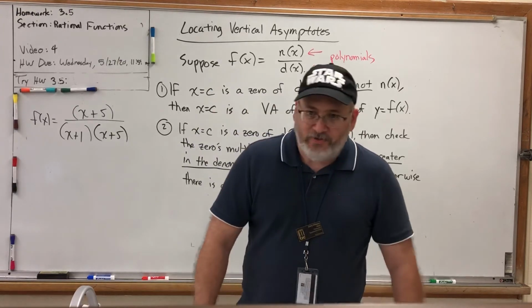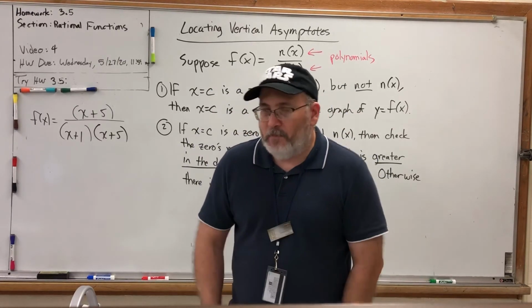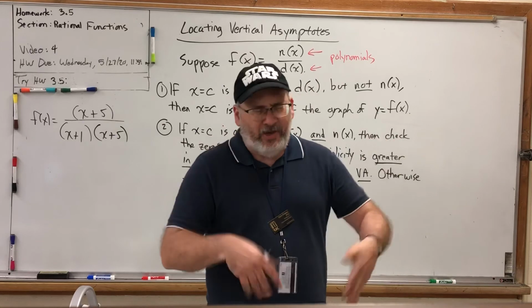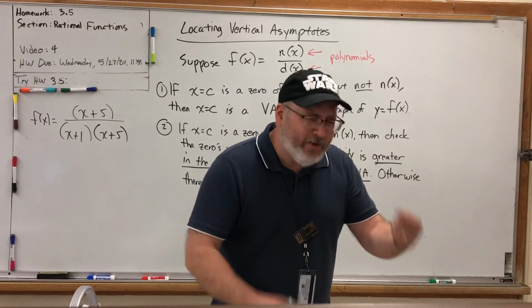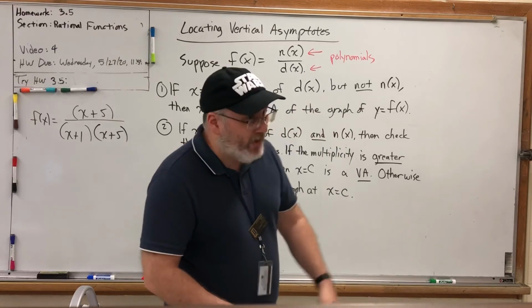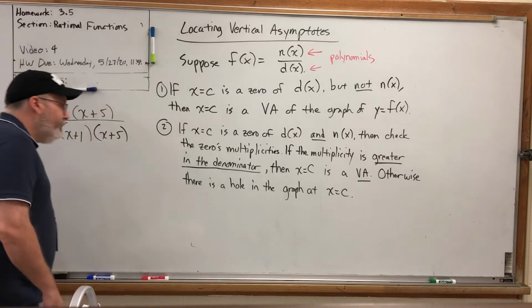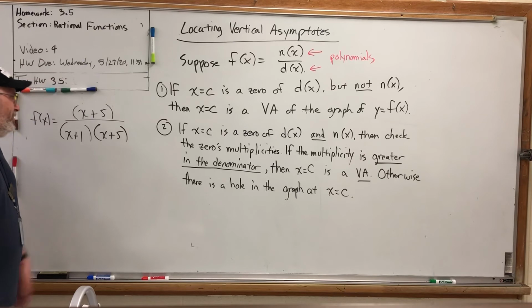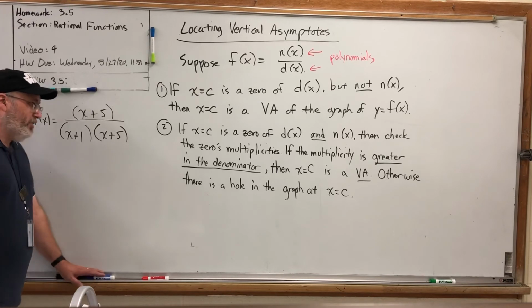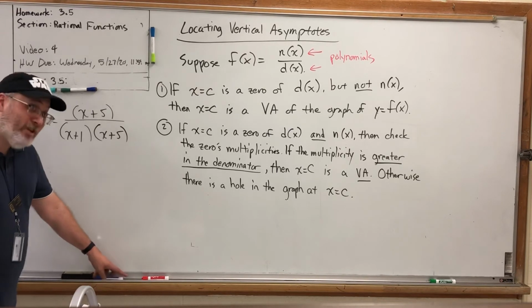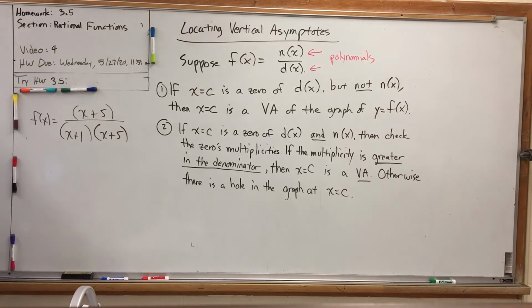Well, that's because if the multiplicity of the 0 in the denominator is greater than the multiplicity of the 0 in the numerator, yeah, it's a vertical asymptote. Otherwise, it's a hole in the graph. So for your purposes, because of the simplicity of the homework questions, which I'm about to demonstrate in the next video, if a number makes both sides equal to 0, it's going to end up being a hole in the graph. I just didn't want to lie to you and tell you that that always makes it a hole in the graph.